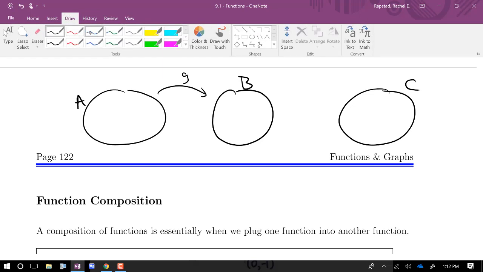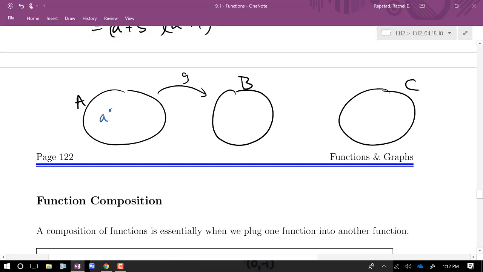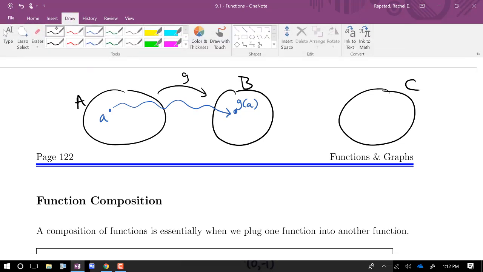For some element A here, if I send it through the G function, it sends me here. There's G of A, which is in the B set. This is essentially what functions do: you take stuff in one set and it sends you over into another set. In this definition, it also says that F maps from B to C.